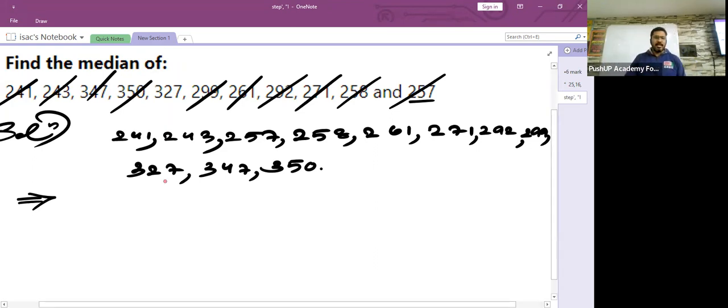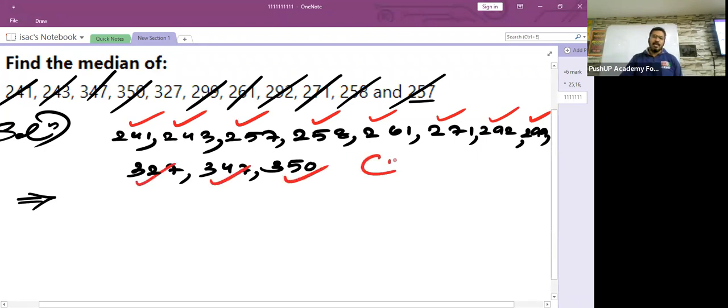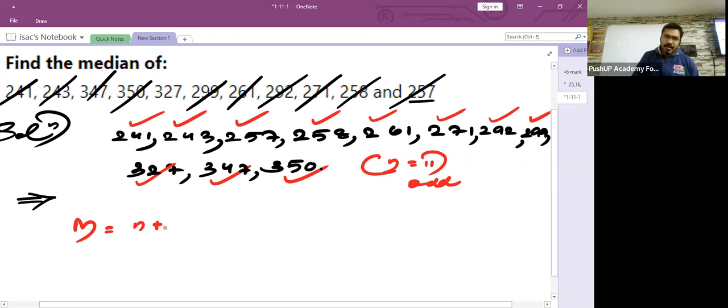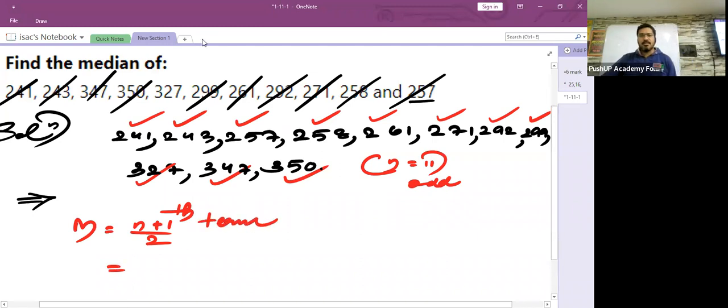So, 1, 2, 3, 4, 5, 6, 7, 8, 9, 10, 11. n is equal to 11, which is an odd number. So in this case we know how to find the median: it is the (n plus 1) by 2th term. Advait, you're listening, right? (n plus 1) by 2th term.